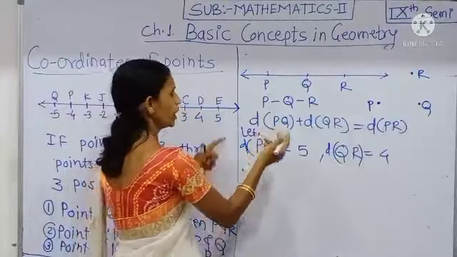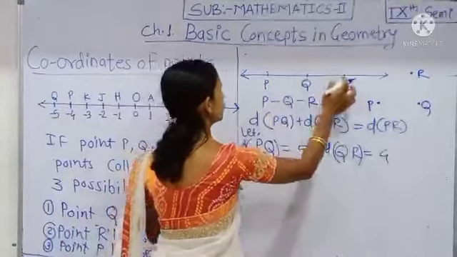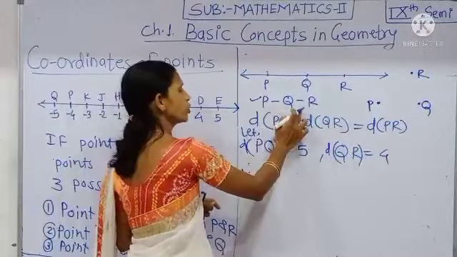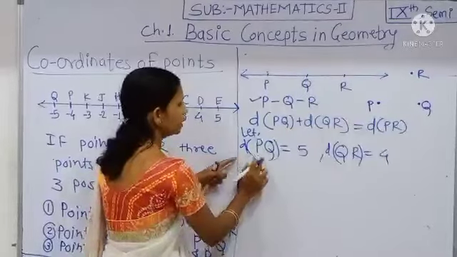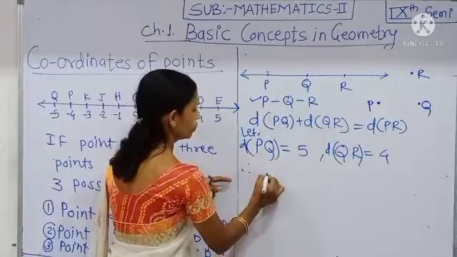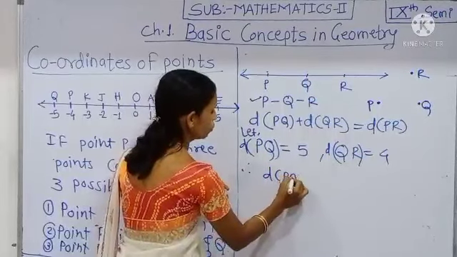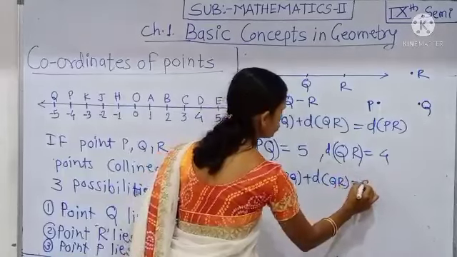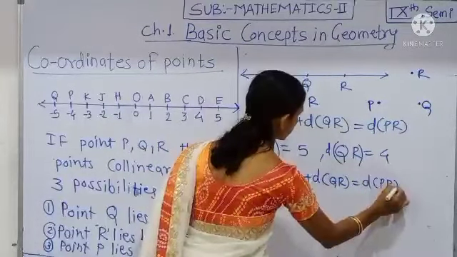Then we can determine the distance between PR. The condition is given, P-Q-R. Then dPQ plus dQR is equal to dPR.